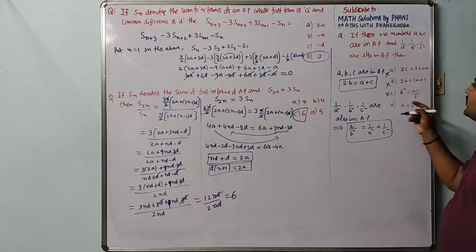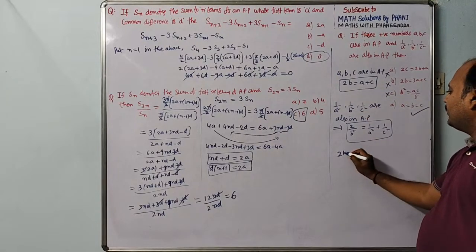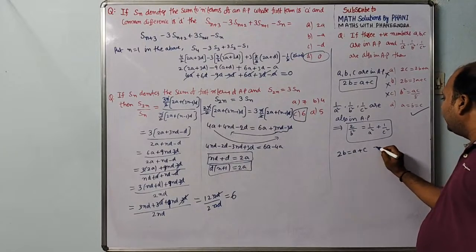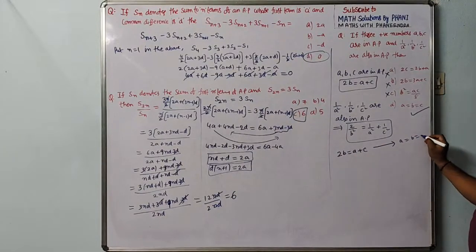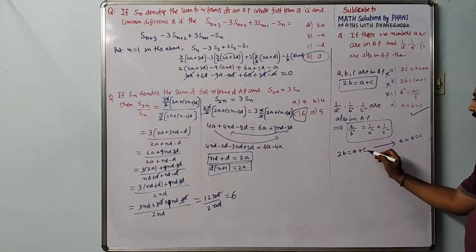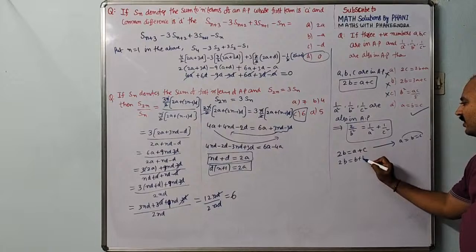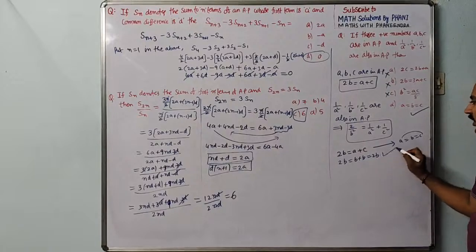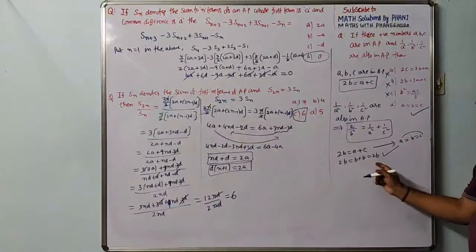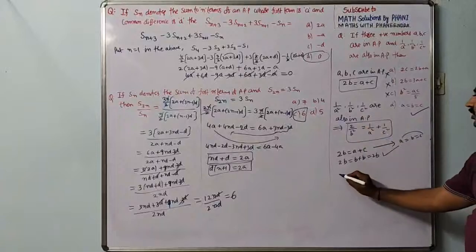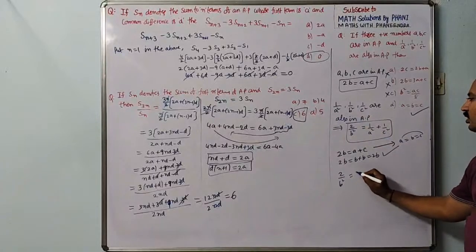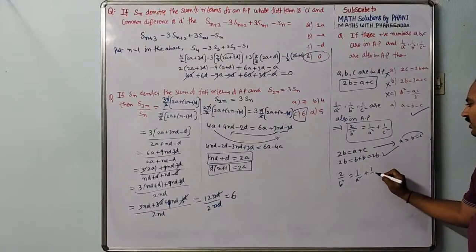Now I am checking 2b equal to a plus c with a equal to b equal to c. So in place of a and c also I am going to replace with b. So 2b equal to b plus b, absolutely 2b. It is satisfied, LHS and RHS. Next, 2 by b square equal to 1 by a square plus 1 by c square.